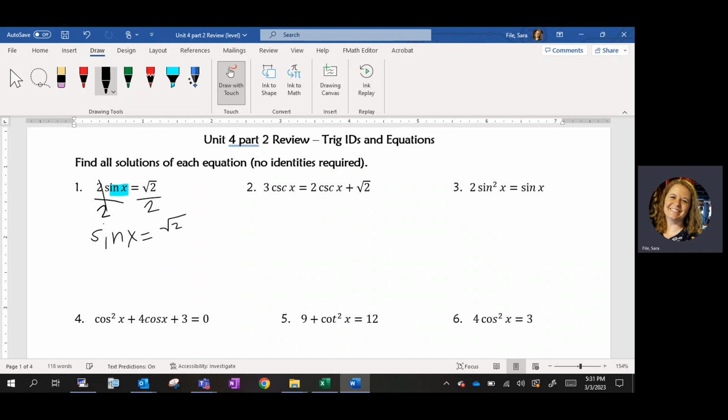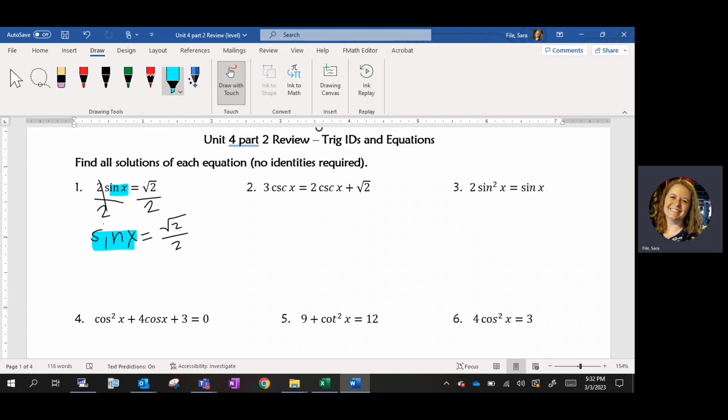So we have sine of x equals root 2 over 2. Once you've isolated the trig expression, we got it by itself, now it's a unit circle question. Where is sine root 2 over 2? Well, sine is positive in quadrants 1 and 2. And it's at the 45 or the pi-4ths reference angle that it's root 2 over 2.